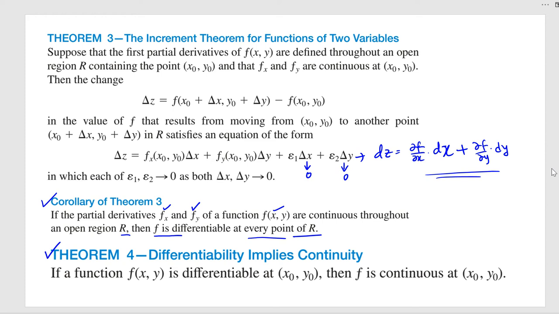And differentiability, as we know, will imply the continuity of it, but continuity does not imply differentiability.